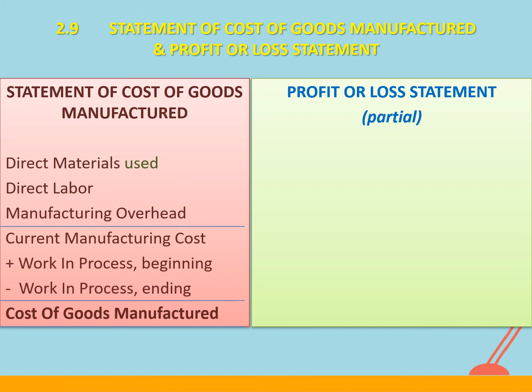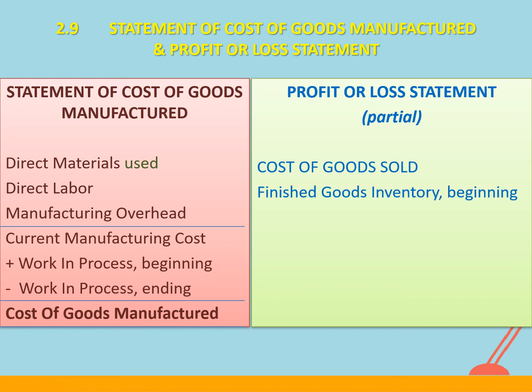Next is profit or loss statement. I will only discuss with you partial of the statement as the format is somewhat similar to what we have learned last semester. The only difference is in the cost of goods sold, where the finished goods inventory beginning will be added with cost of goods manufactured that we have calculated earlier.